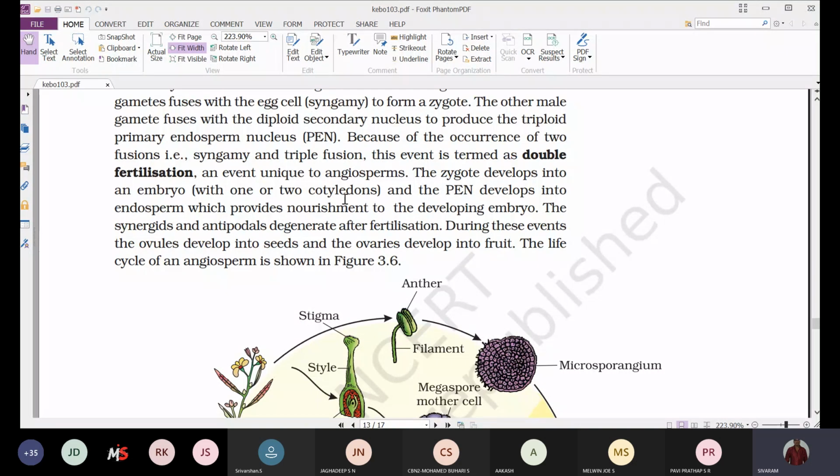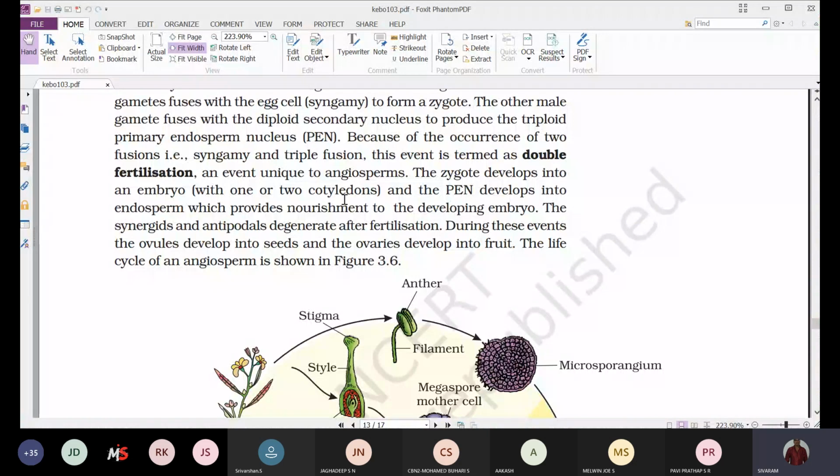Always, the embryo obtains nutrients through endosperm from the plant. That's why the formation of endosperm prior to embryo formation is very, very important, because if there is no endosperm, the development of zygote into embryo cannot take place.